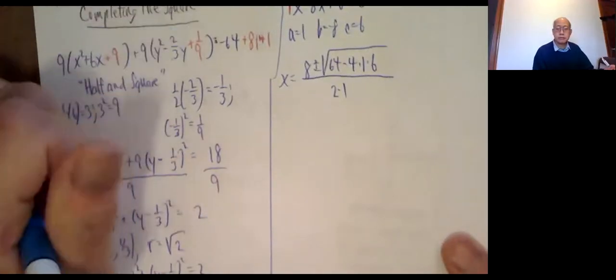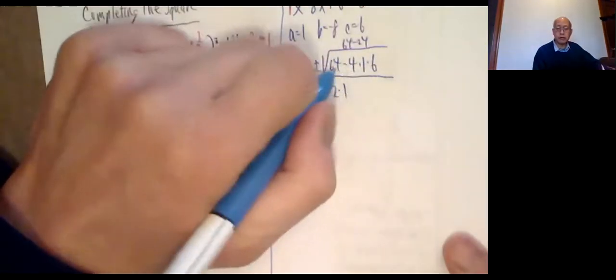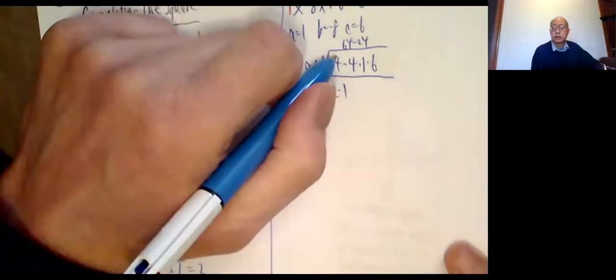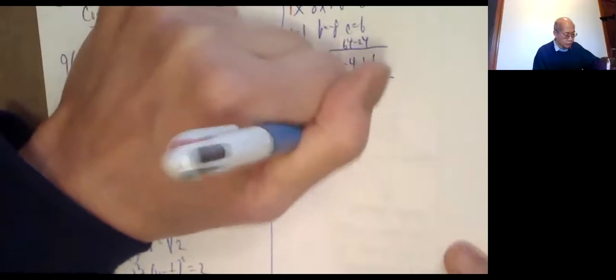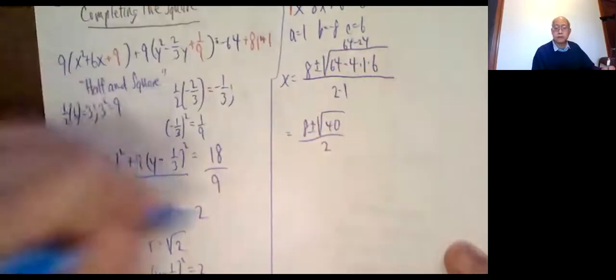There it is, I just grind it out. On scratch paper, this is 64 minus 24, right? 4 times 1 times 6 is 24. 64 minus 24 is 40. 8 plus or minus radical 40 all over 2.